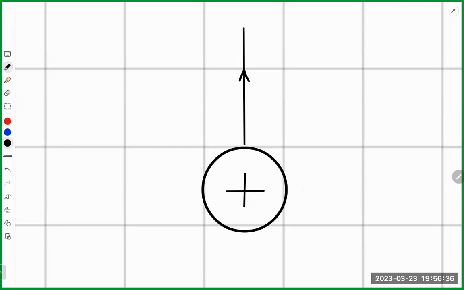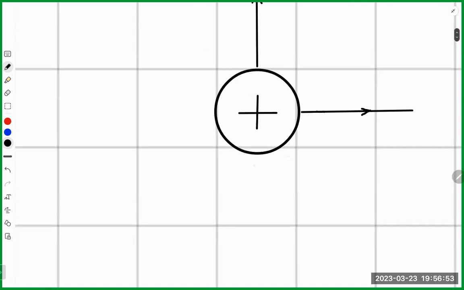Let's say if I bring the positive charge here, what will be the direction of force now? So if I bring it here, the force will be downwards.